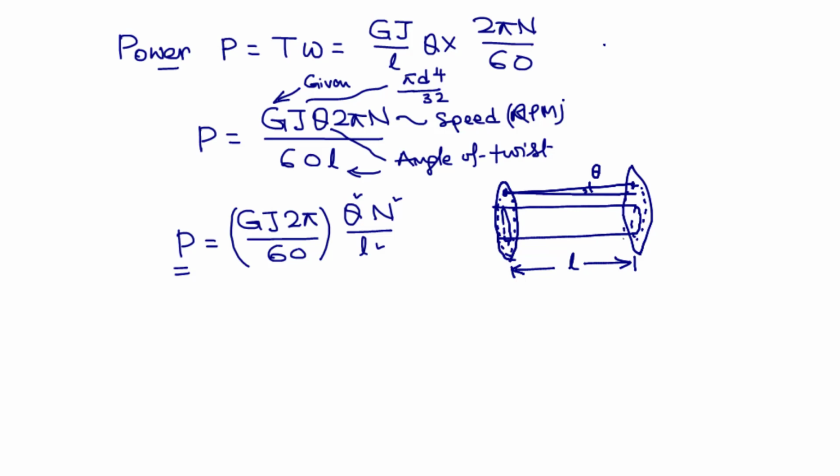When power is transmitted, the alignment changes and it deflects by theta for a length L and RPM n. By this arrangement we can calculate the power transmitted through the shaft. Okay.